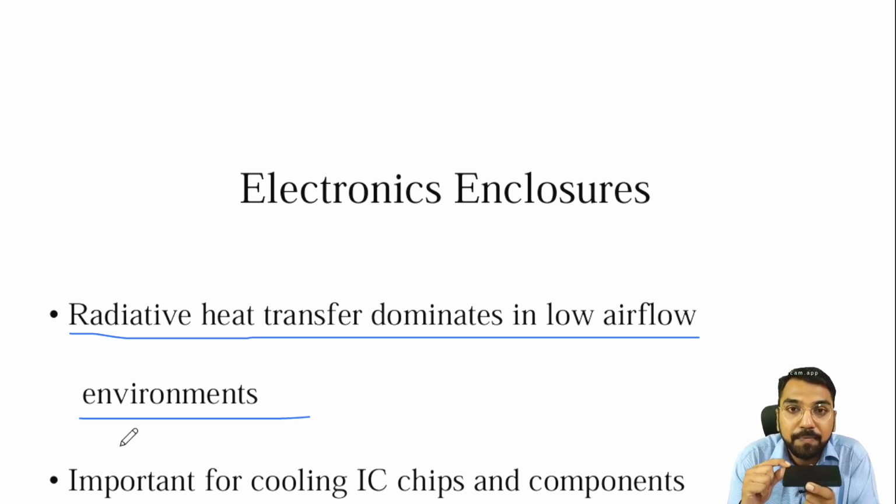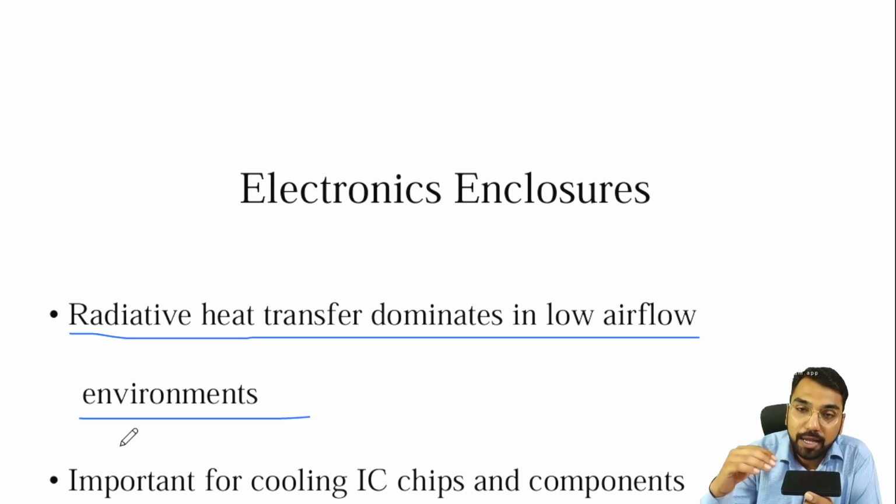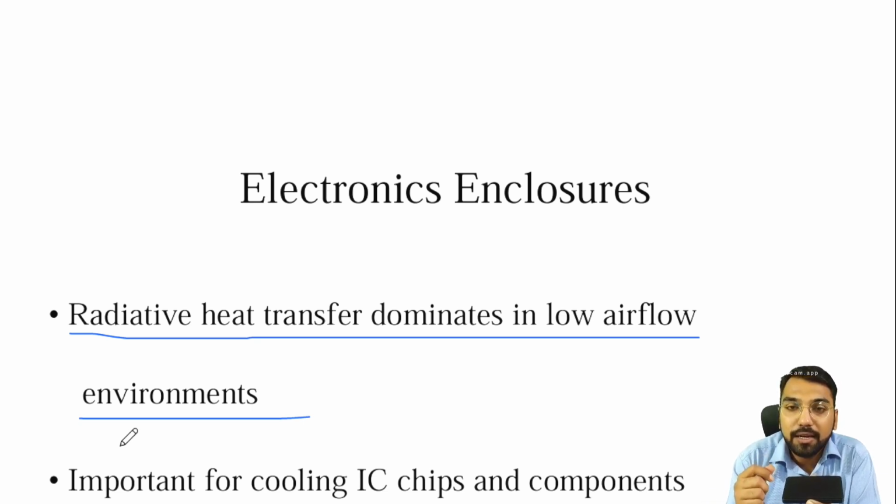This is a hot metal sheet, and if the air is flowing above this, and that air velocity is very small, because this metal plate is heated, then the radiation heat transfer will dominate the convection, and radiation will play a more important role than convection.